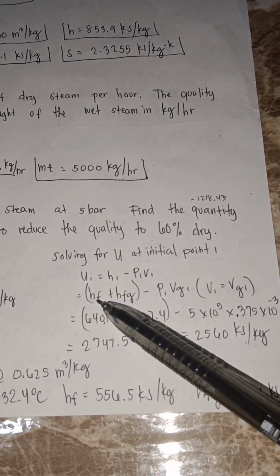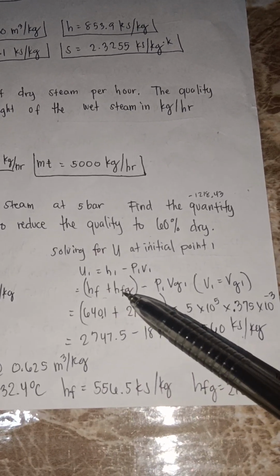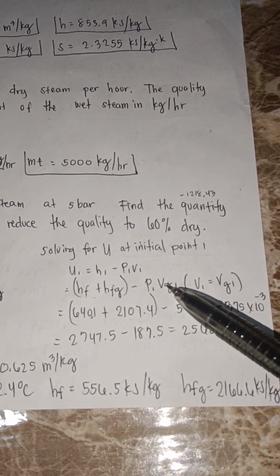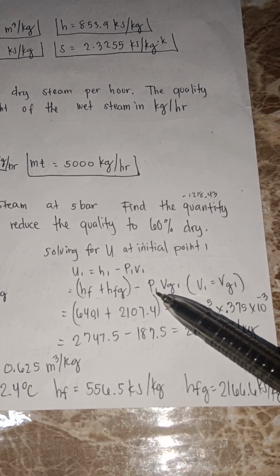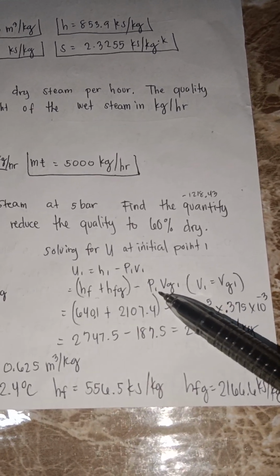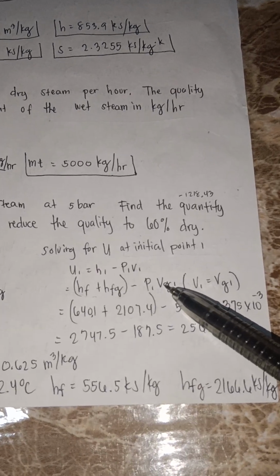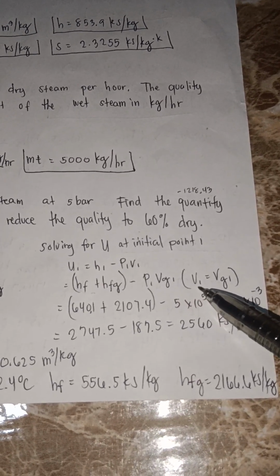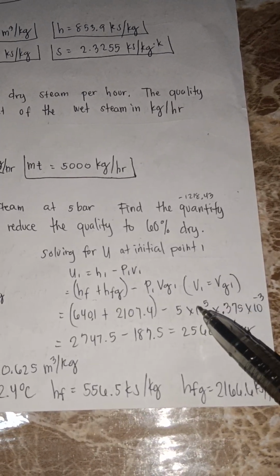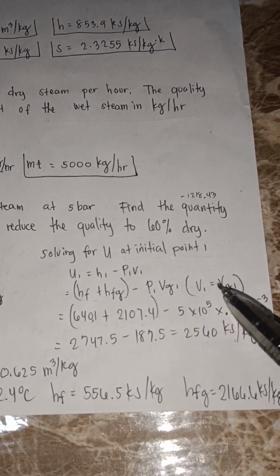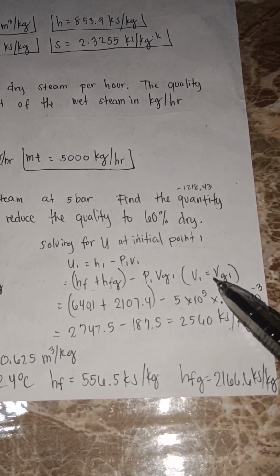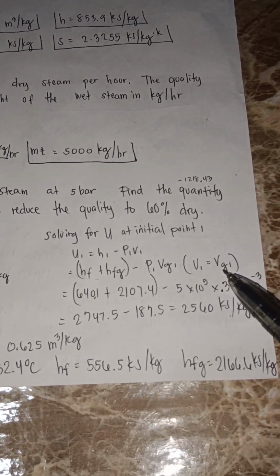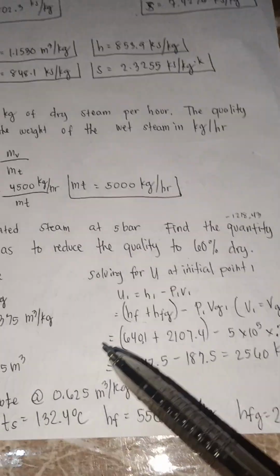So enthalpy of the saturated liquid plus enthalpy h sub fg, minus pressure P sub 1, the initial pressure, times the initial volume of the saturated vapor, where volume 1 is equal to the initial volume, equal to the volume of the saturated vapor sub 1.